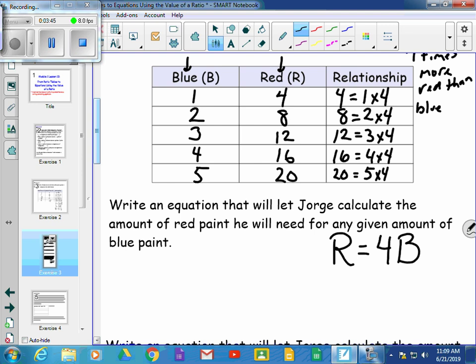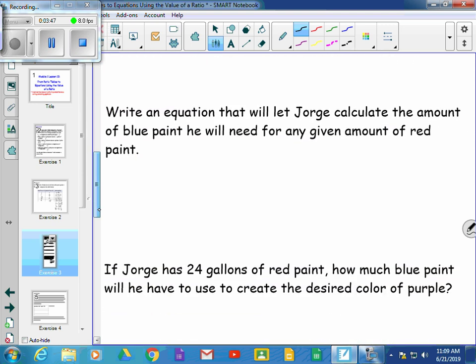Let's go to the next page. It says write an equation that will let Jorge calculate the amount of blue paint he will need for any given amount of red paint. So this time we want to know blue. Let's let B represent how much blue paint he would need. If he's given the amount of red, what do we have to do?